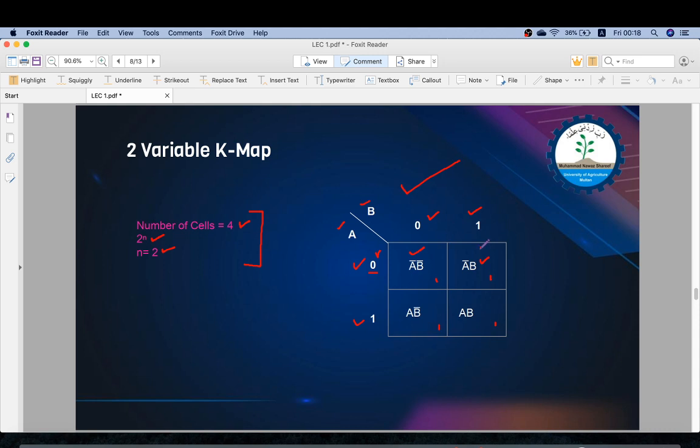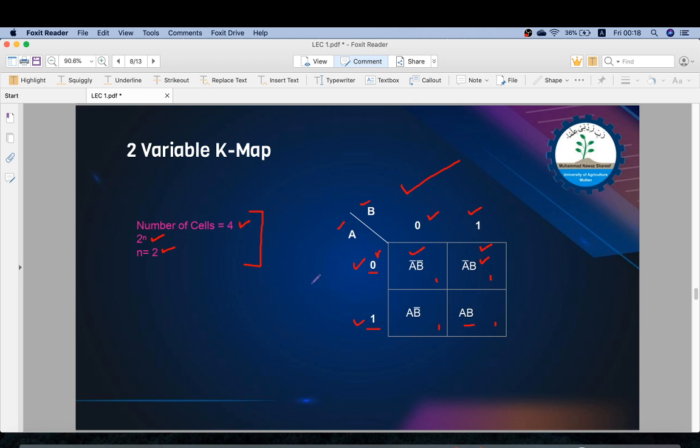In this one A is 0 and B is 1, so A complement B. Here A is 1 and B is 0, so A B complement. Here both are 1, so AB. So this is a simple two variable K-map.